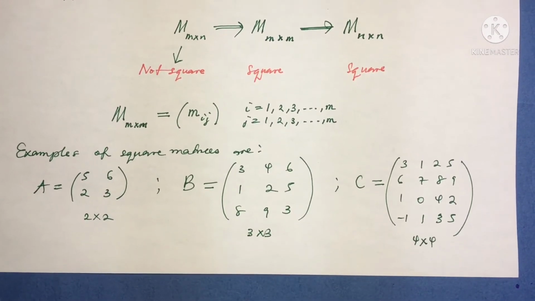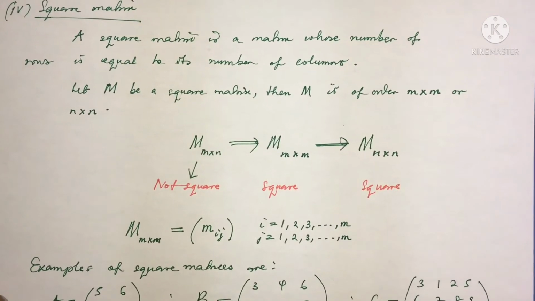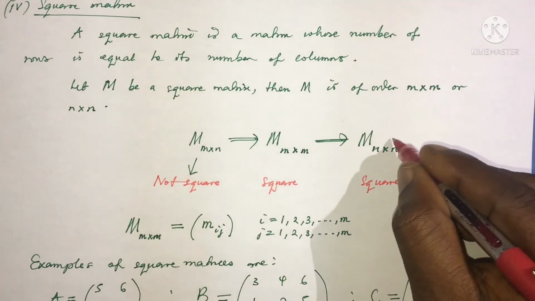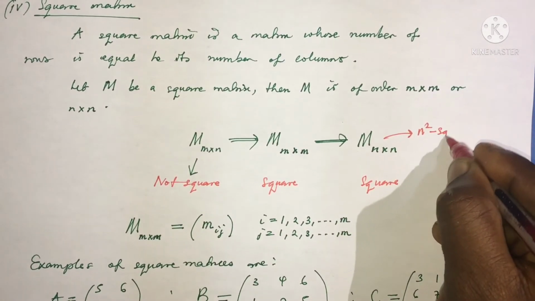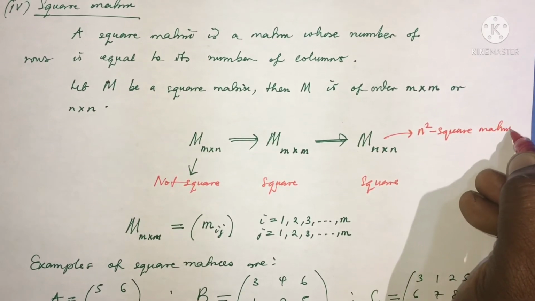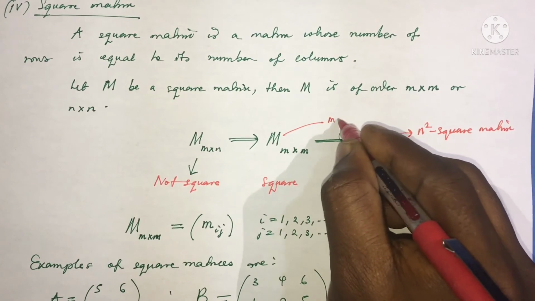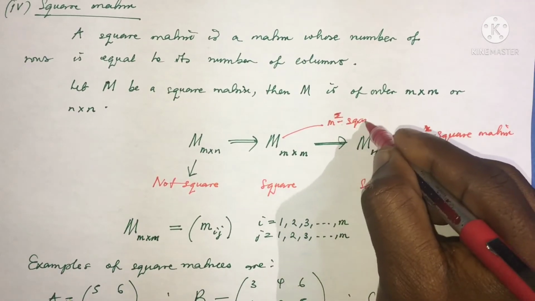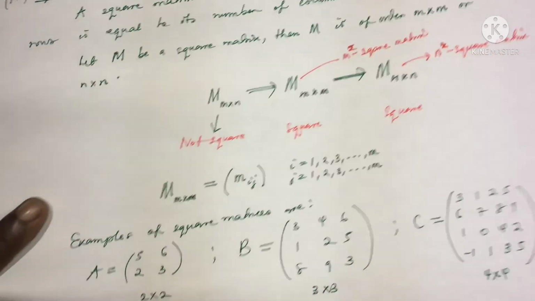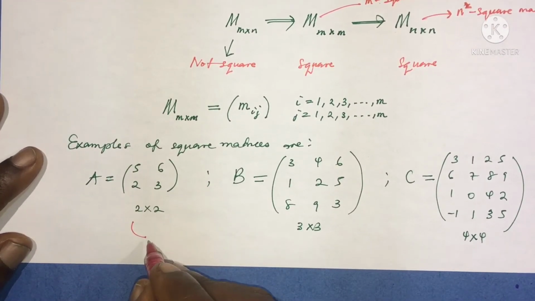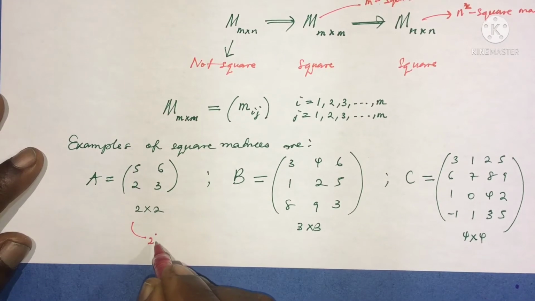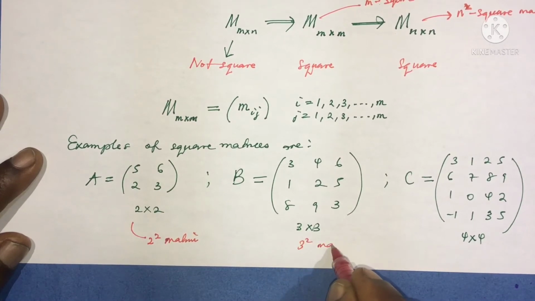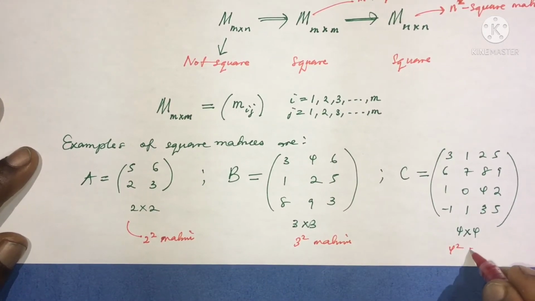If you don't want to call it a matrix of order n by n, you can call it an n-square matrix. So I could call this a 2-square matrix, this a 3-square matrix, and this a 4-square matrix.